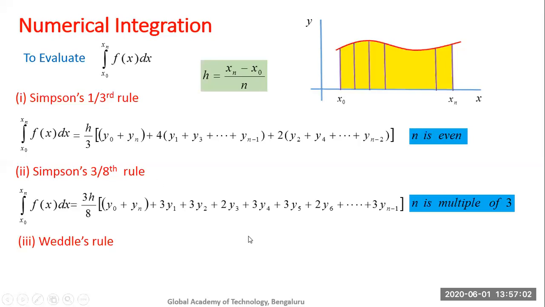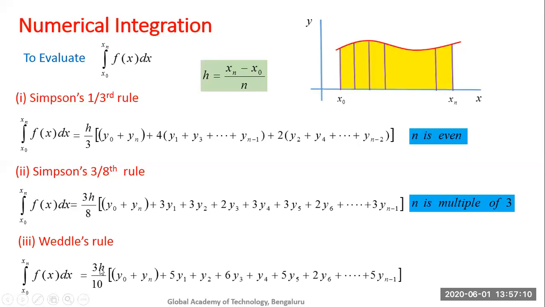And finally, we have one more rule called Weddle's rule. Again, it is to find the value of the same integral x naught to xn f of x dx. And this is given by 3h by 10 in the bracket y0 plus yn. And the remaining ordinates are 5y1 plus y2, 6y3 plus y4, 5y5. Then we get 2y6.